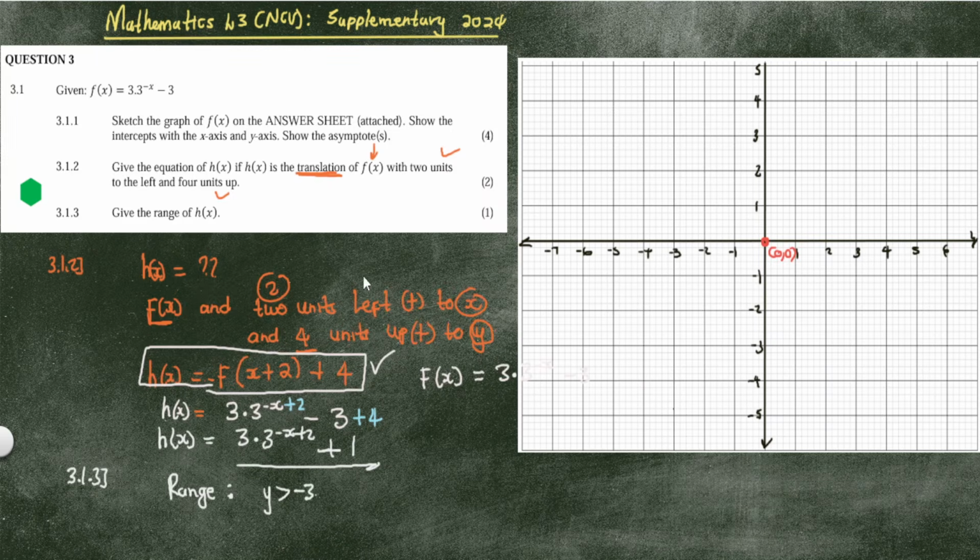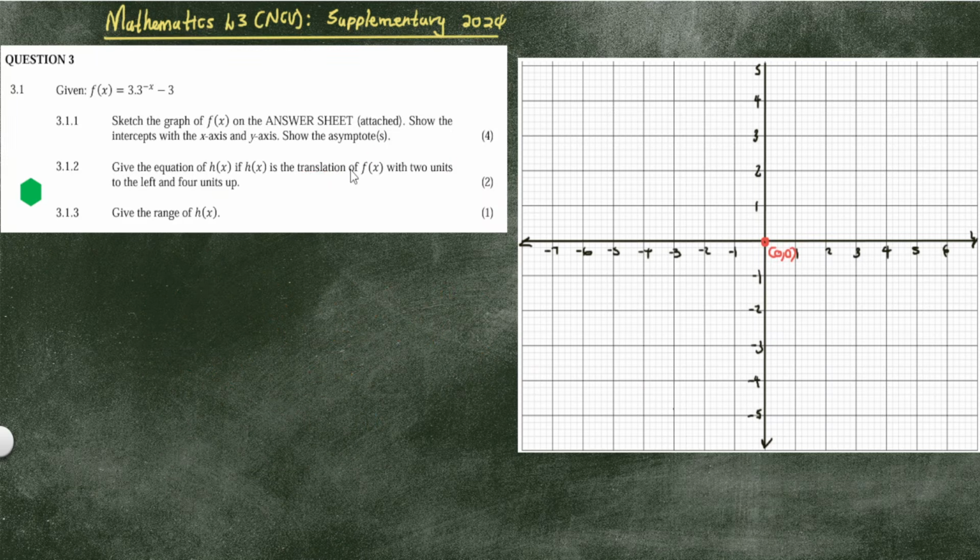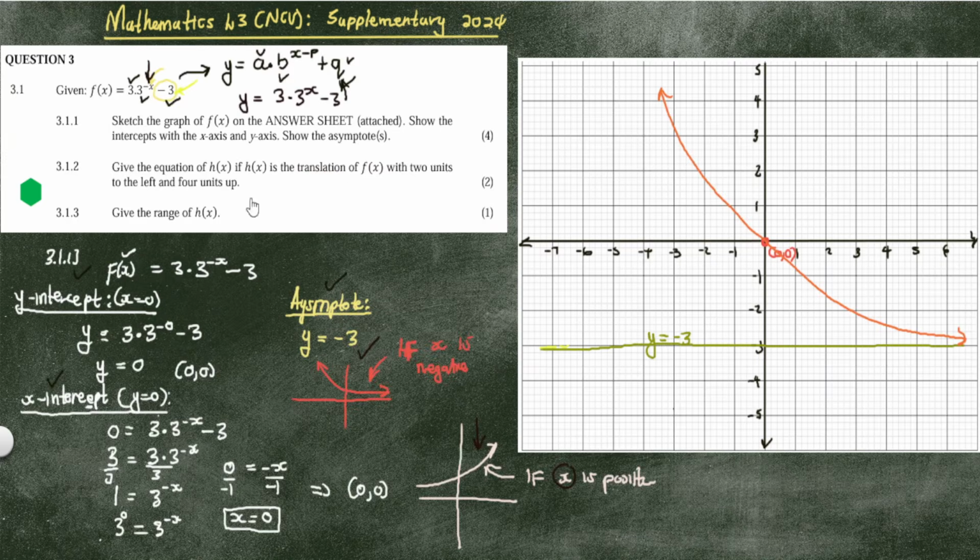Going back to the sketch, let me hide this and bring this thing up. So the range is all the set of y values. Where does the graph start and end along the y-axis? It starts here and it goes all the way up. This arrow is saying the graph continues all the way up, right?